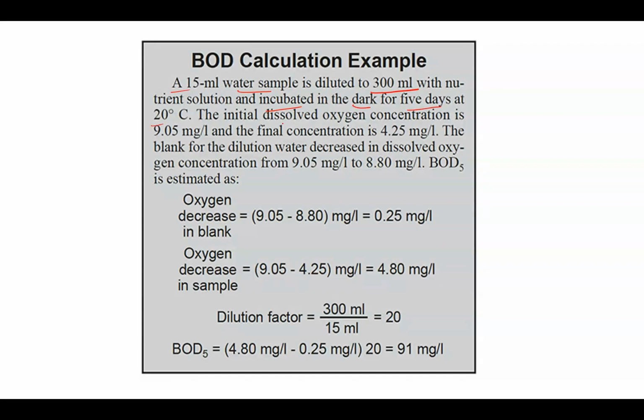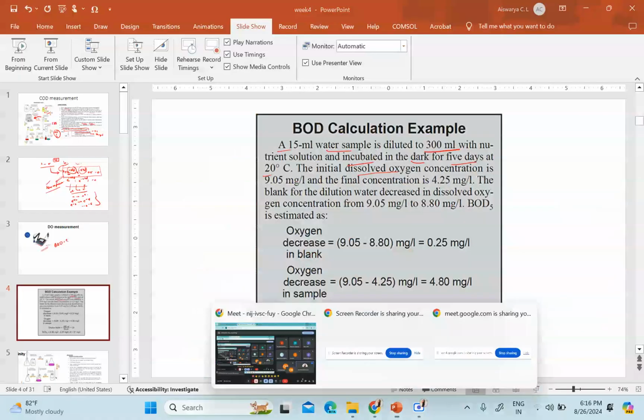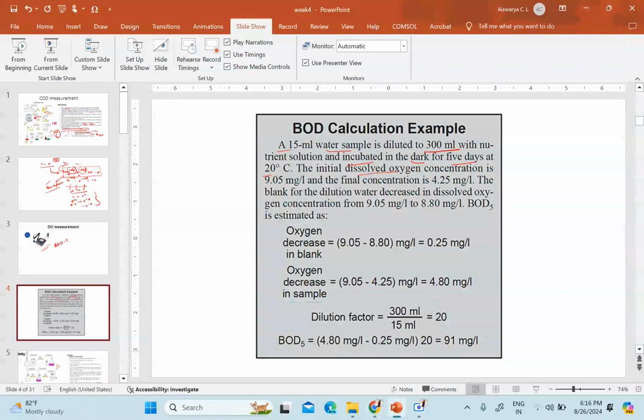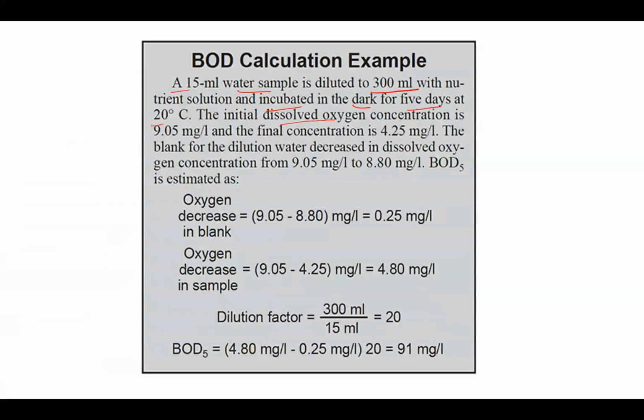The initial dissolved oxygen concentration is around 9.05 milligram per liter, and the final concentration is 4.25 milligram per liter.